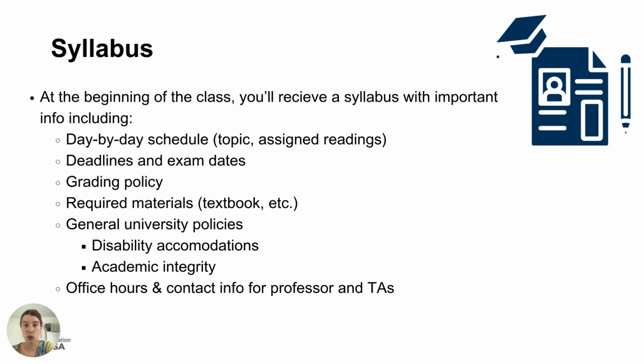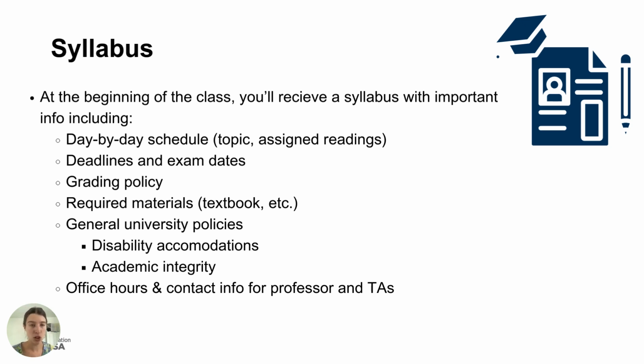The syllabus will also include deadlines and exam dates, as well as the grading policy, how much each assignment is worth. We'll get more into grading stuff in a second, but the syllabus will include required materials like whether you need to purchase a textbook or where you can find the readings.